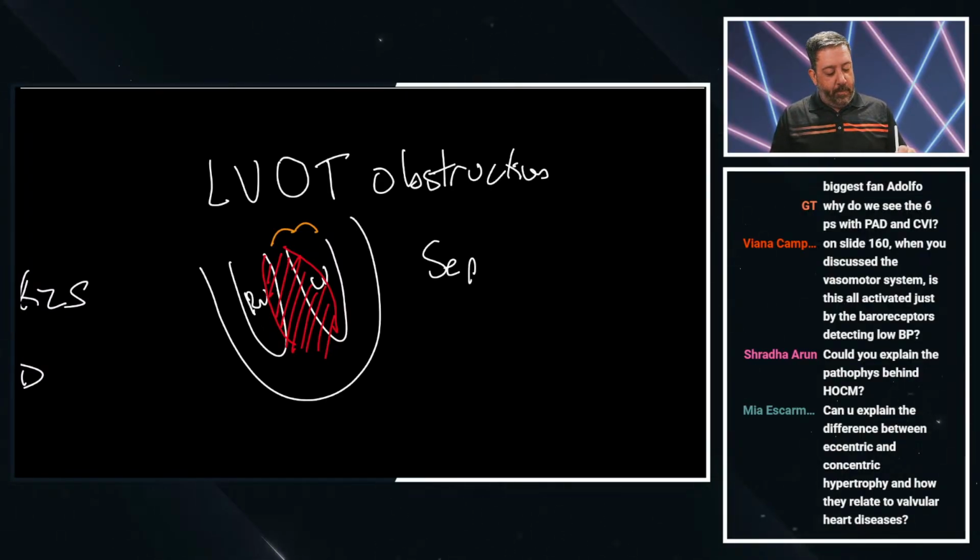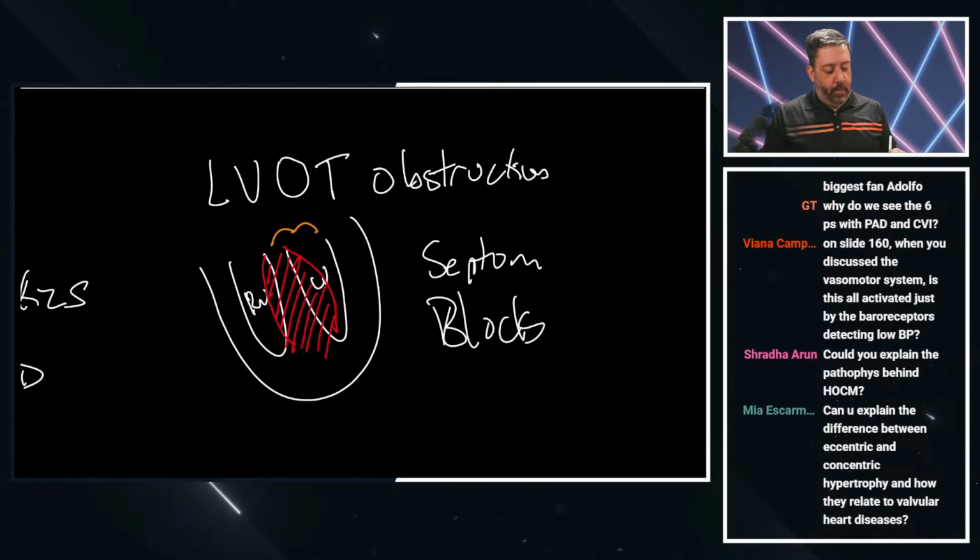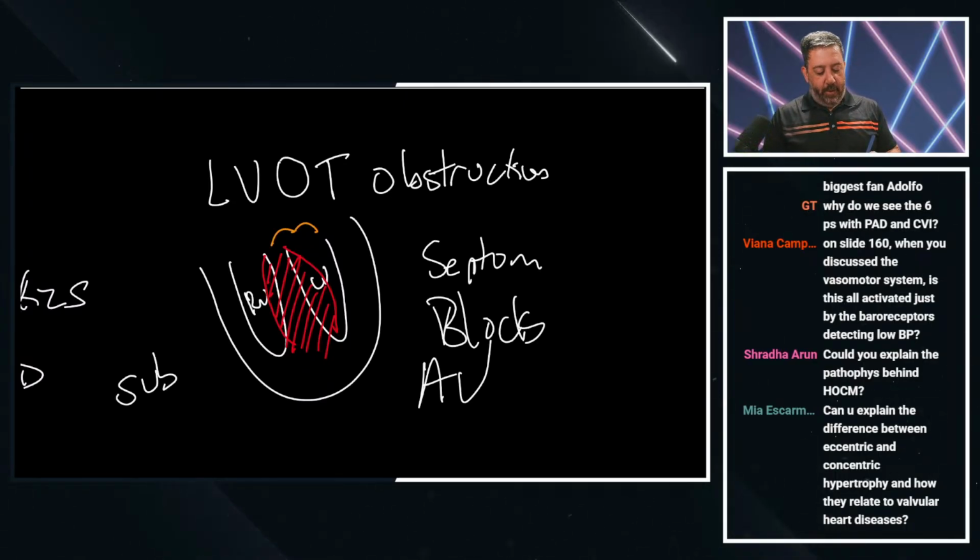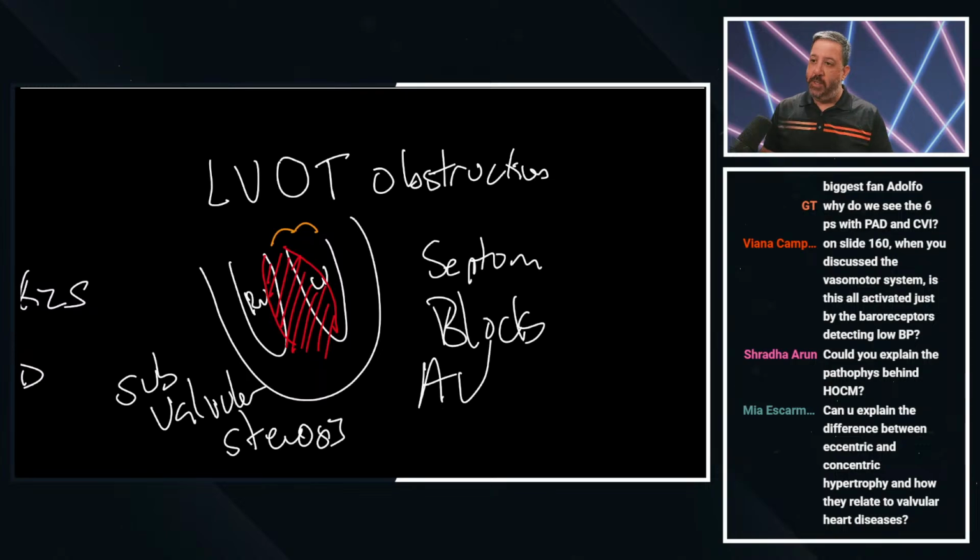The septum blocks the aortic valve in a way, also known as a subvalvular stenosis. It's not aortic stenosis, it's subvalvular because the issue is below the valve.